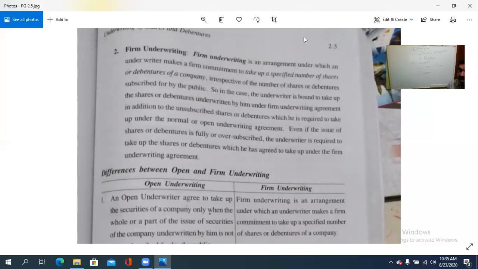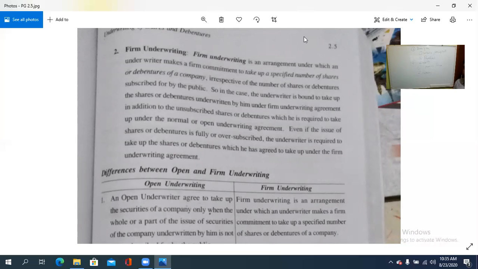So in this case, the underwriter is bound to take up the shares or debentures underwritten by him under the firm underwriting agreement, in addition to the unsubscribed shares or debentures which he is required to take up under the normal or open underwriting agreement.